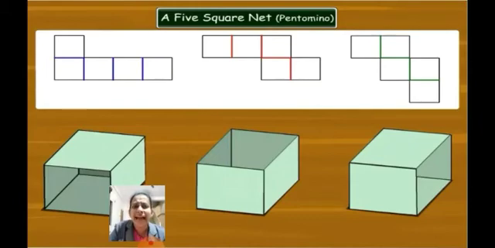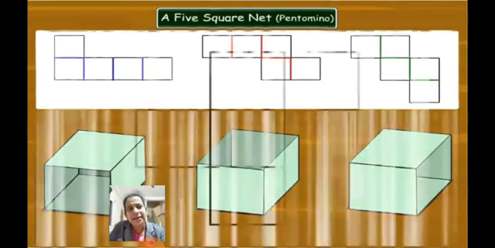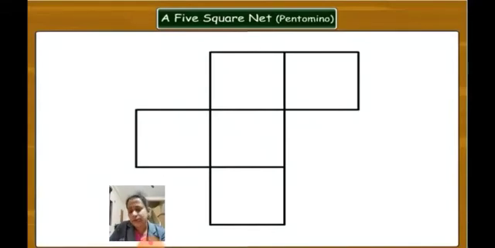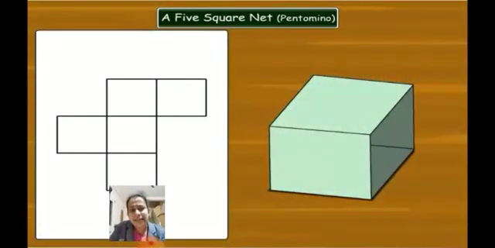That means you can have your own net and prepare the pentomino, that is a 5 square net. Next one. Look at this one again. Can we form a few more boxes like this? Yes, we can even form more boxes from other different types of nets.